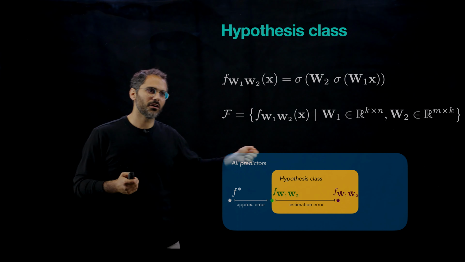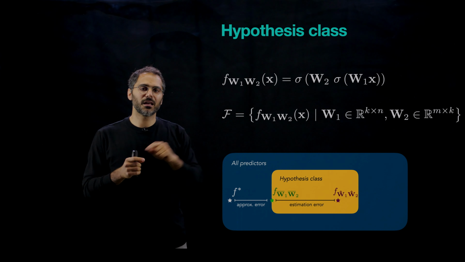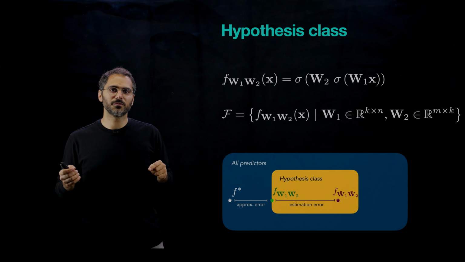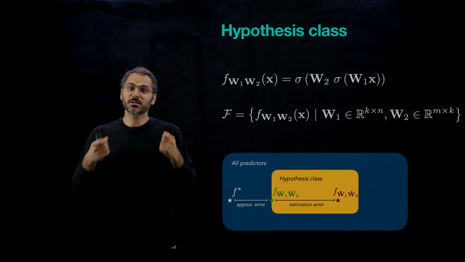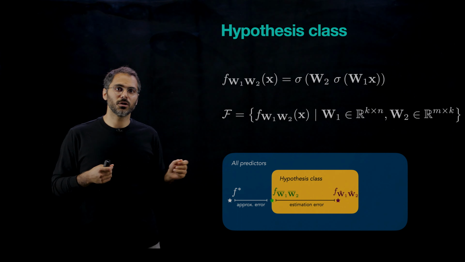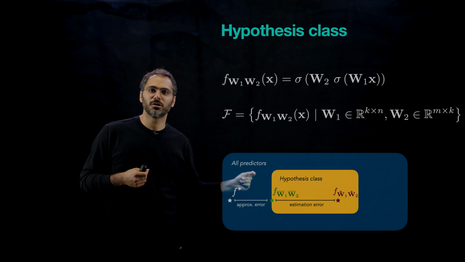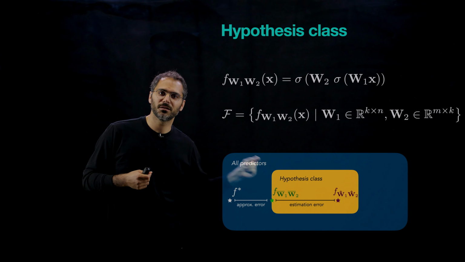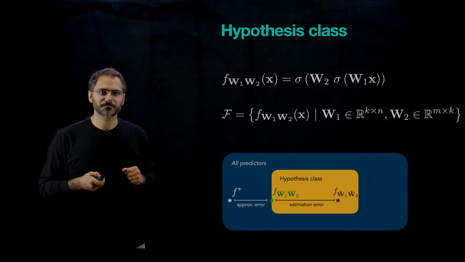In fact, you will get to F of W1 hat and W2 hat. And that will be very different from the actual optimal solution in your hypothesis class. And the biggest challenge in neural networks is to, again, find tricks to get closer and closer to your W1 bar and W2 bar, and therefore reducing your estimation error.